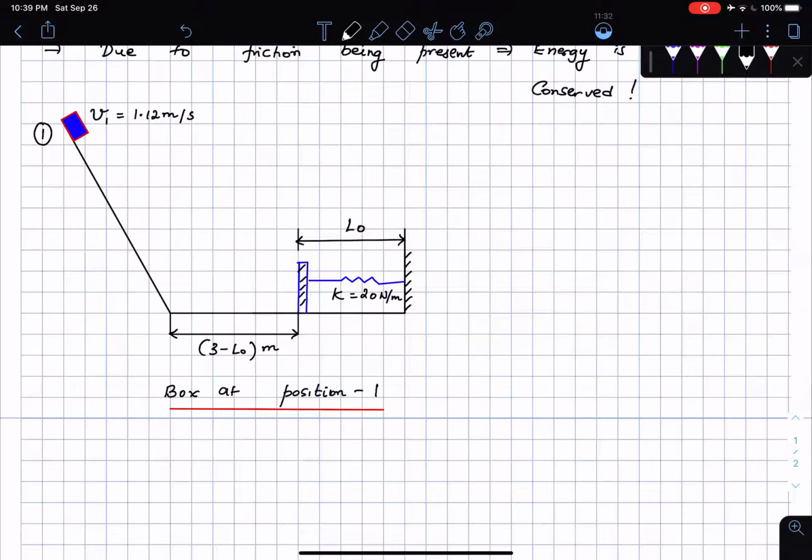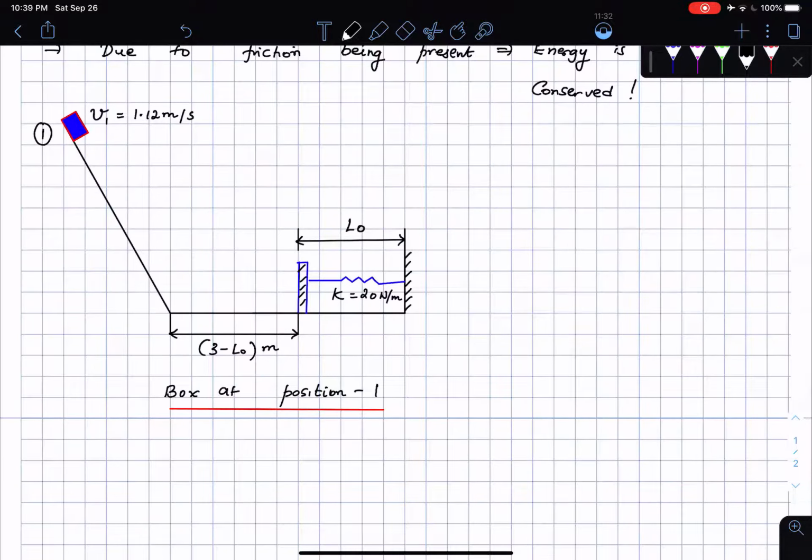This point here on the box is position 2, which is also the point where the incline becomes horizontal, and this was position 1. Then the spring compresses, and we need to find the maximum compression of this spring using work-energy principles. So let us look at it.